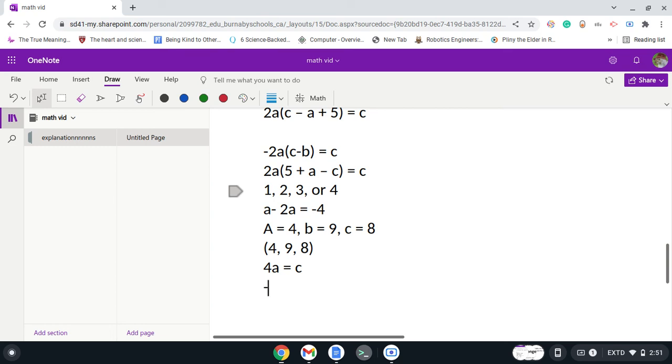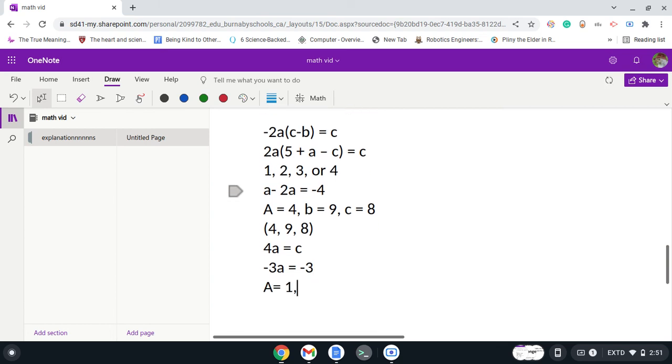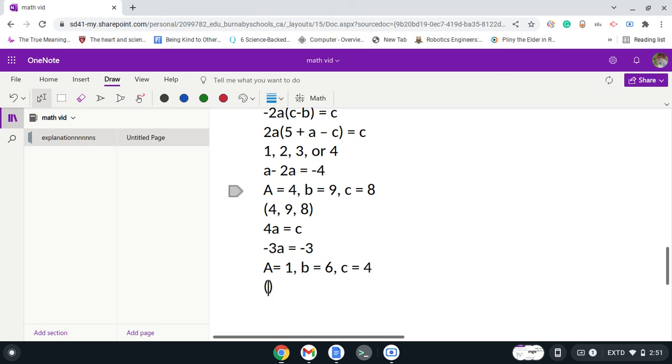And so that's negative 3A is equal to negative 3. So A is equal to 1, B is equal to 6, and C is equal to 4. So 1, 6, 4 is also a pair that works.